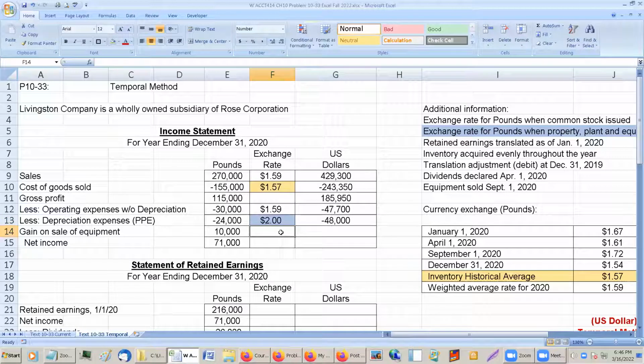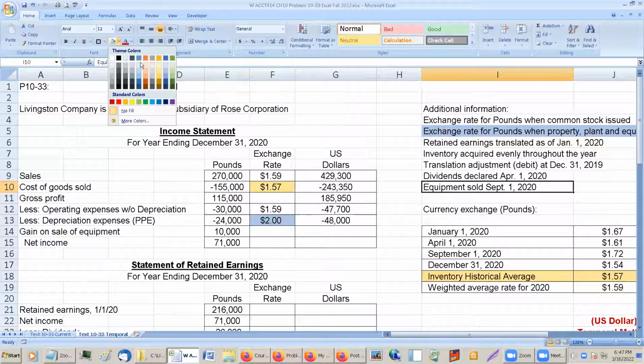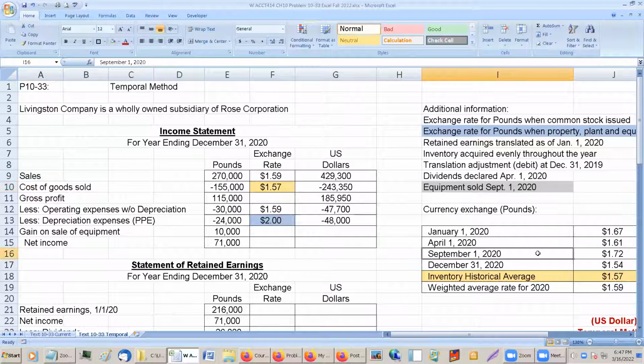Gain on sale of equipment. Same as before. We'll make it gray. September 1st.